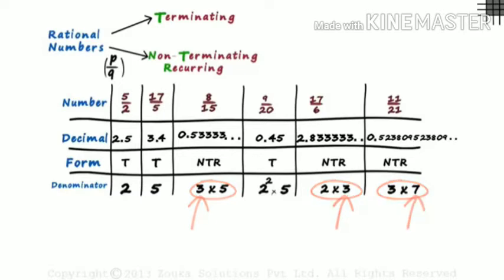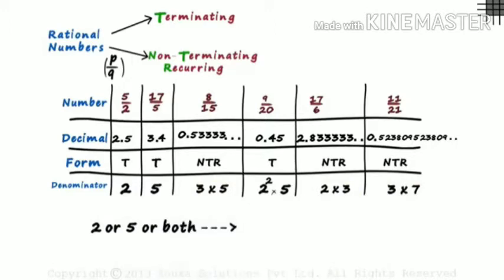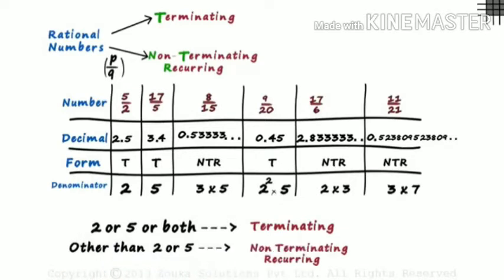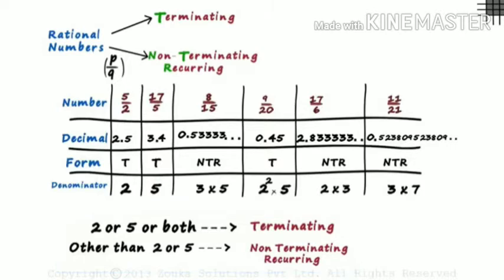If the prime factors of the denominator are 2 or 5 or both, then the decimal is terminating. If the denominator contains any prime factor other than 2 or 5, then it's a non-terminating recurring decimal. These are the only 2 rules you need to remember. Have you noticed how simple it is to know if the decimal is terminating or non-terminating recurring? All we have to do is write the denominators in terms of their prime factors and apply these rules.